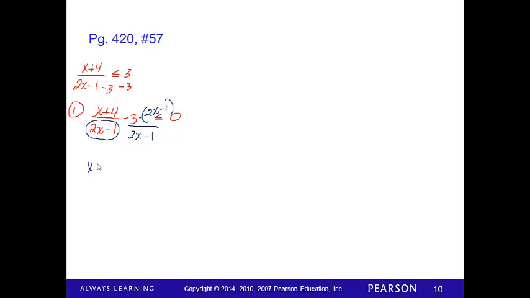So now we have x plus 4 minus 3 times 2x minus 1 all over 2x minus 1 less than or equal to 0. And before we go to step 2, let's go ahead and clean this up. So distribute that negative 3, and be careful because it is negative. And you should end up with negative 5x plus 7 over 2x minus 1.